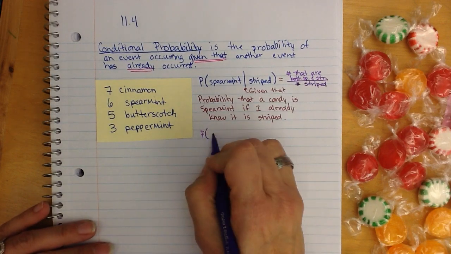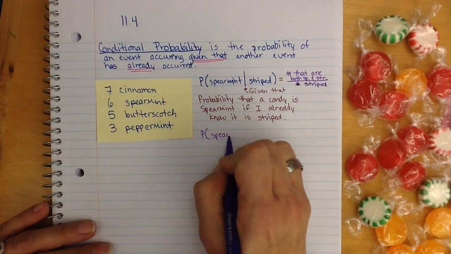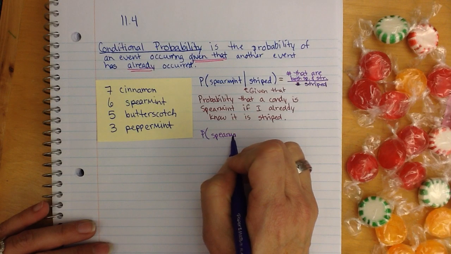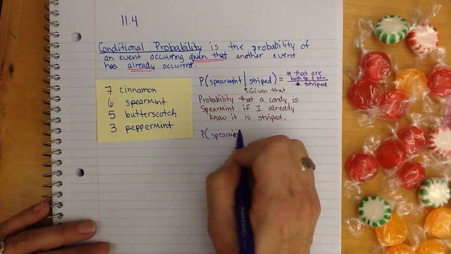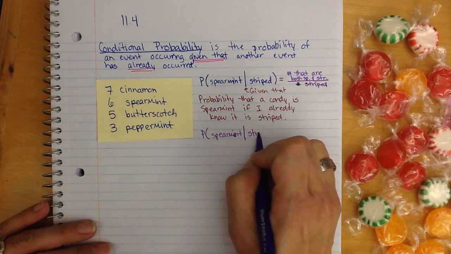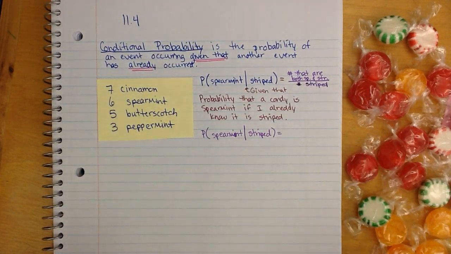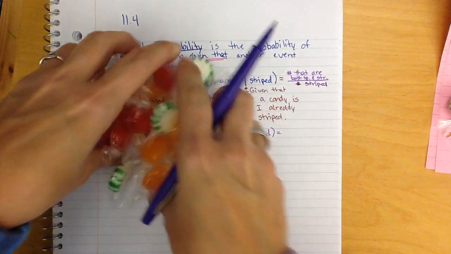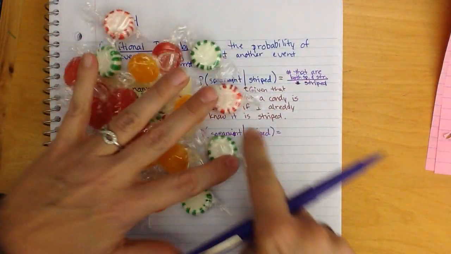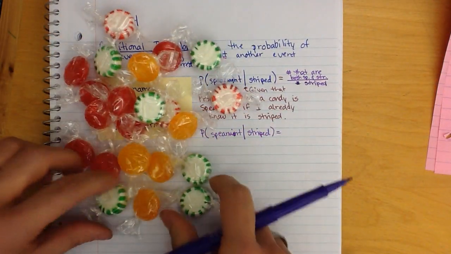So the probability that it is spearmint, given that the candy is striped, would be, well, all of my spearmint candies were striped. So how many of my candies are spearmint and striped?